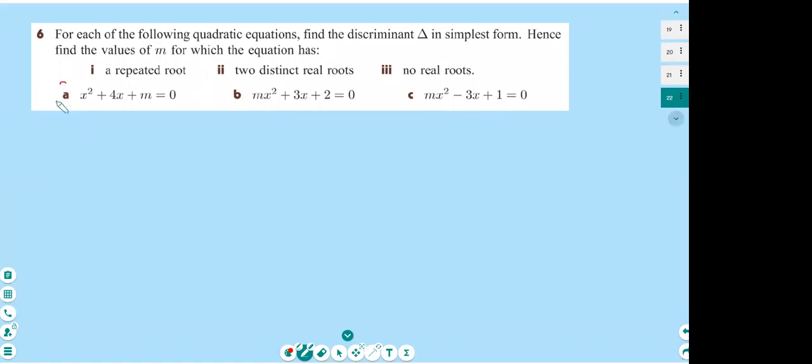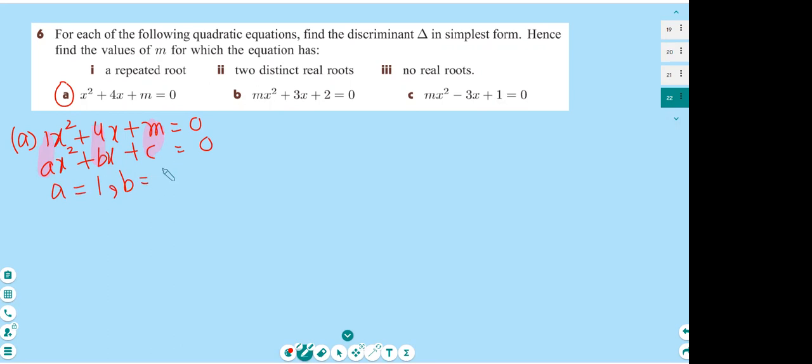Like in part A, I have the equation x squared plus 4x plus m equal to 0. Comparing with the general form of the quadratic equation, we get a equals 1, b equals 4, and c equals m, right?